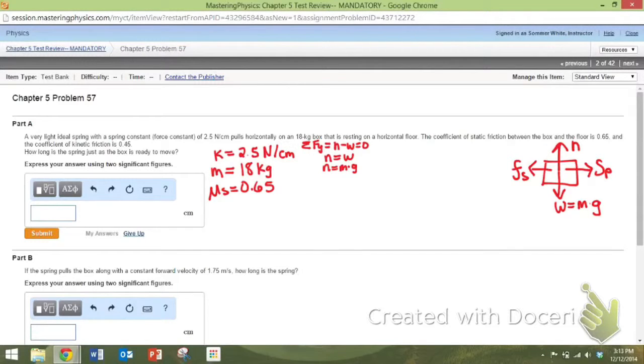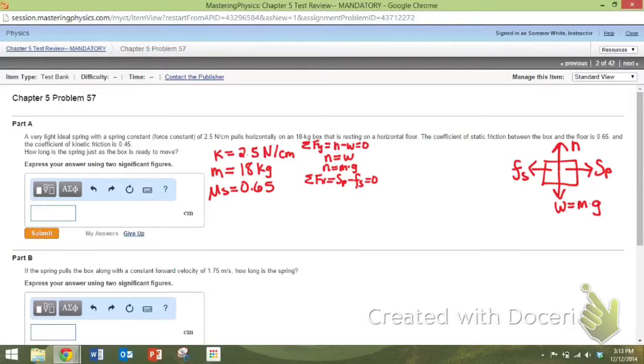So that's our y direction. Then we can move on to our x direction. The sum of our forces in the x direction is our spring force minus our static friction, and that is equal to 0.